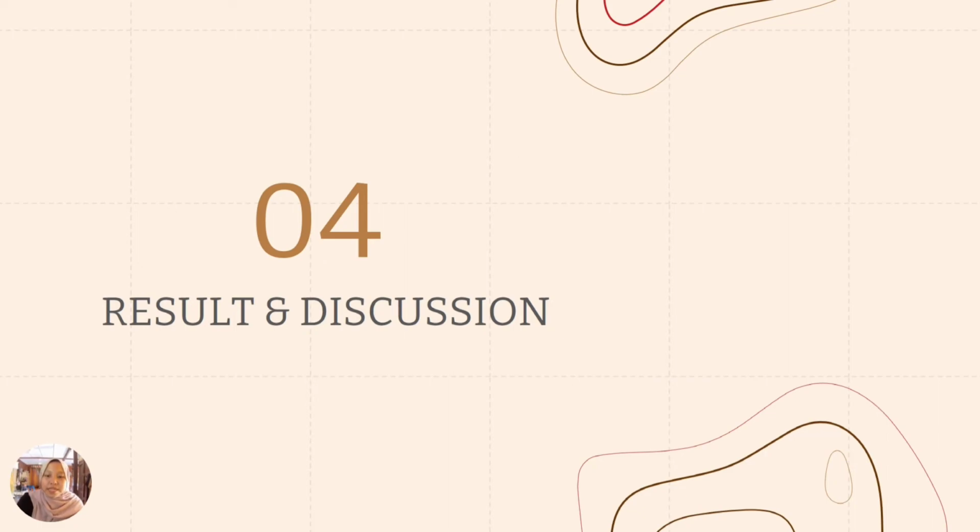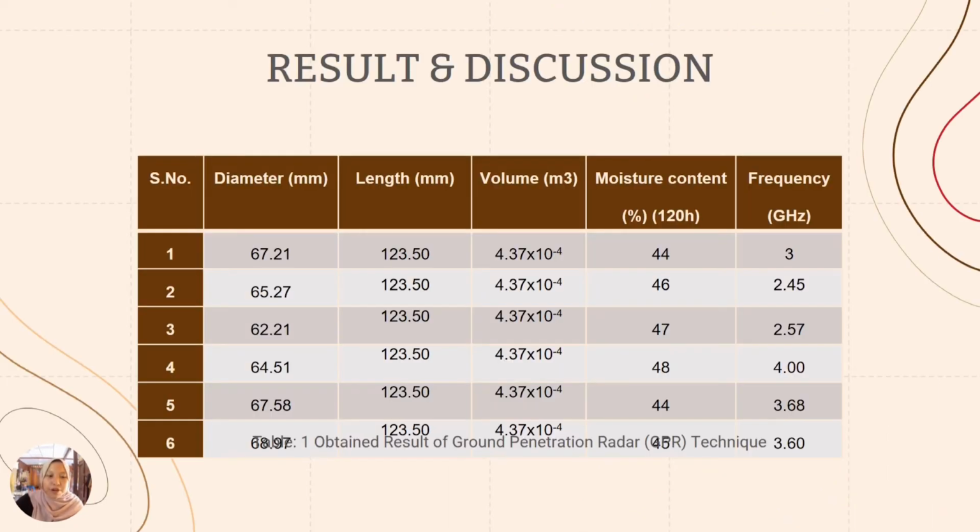Hi, my name is Siti Aisyah binti Ab Rahim. I'm going to explain about the result and discussion part. Here we have the table of obtained results of the ground penetrating radar GPR technique. Data is analyzed by using non-destructive methods and results are predicted by the ground penetrating radar technique. Gamma ray transmission and ultrasound technique demonstrated GPR's ability to detect defects.